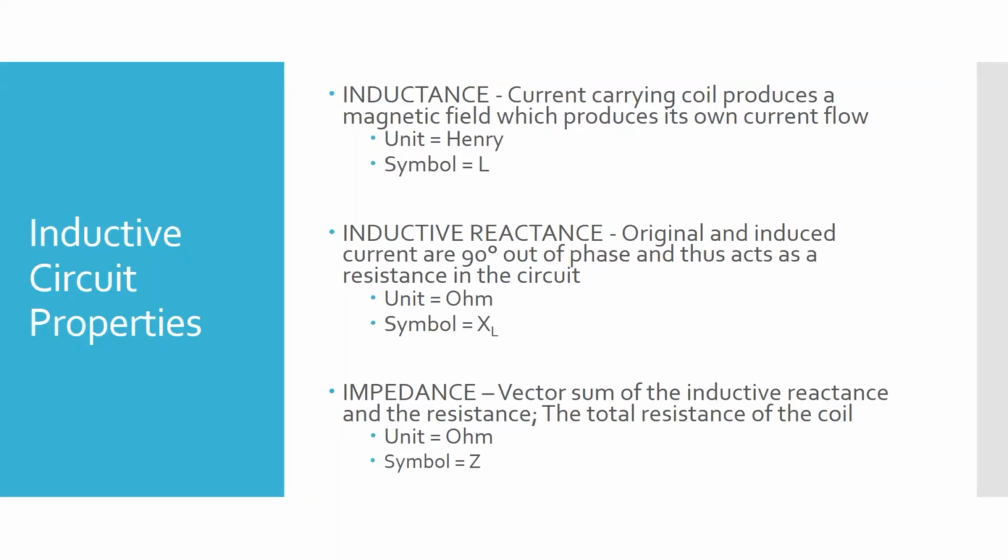And that's given by the unit ohm, similar to a resistor, but the symbol is X sub L. And then the other thing you're going to have is that any kind of conductor, including the wire itself, is also going to have a certain amount of resistance or impedance. So if we take what's called the vector sum of the inductive reactance and the resistance of the wire, that's going to give us the total resistance of the coil. It's also given the unit ohm, but it's shown by the symbol Z. So the impedance is going to be Z.